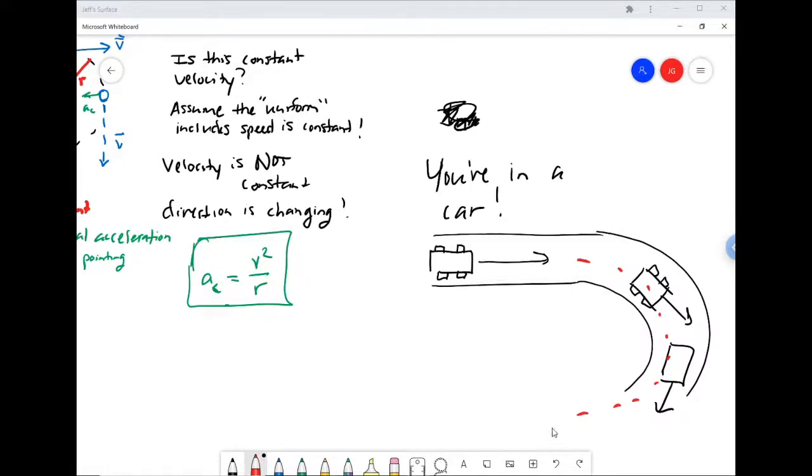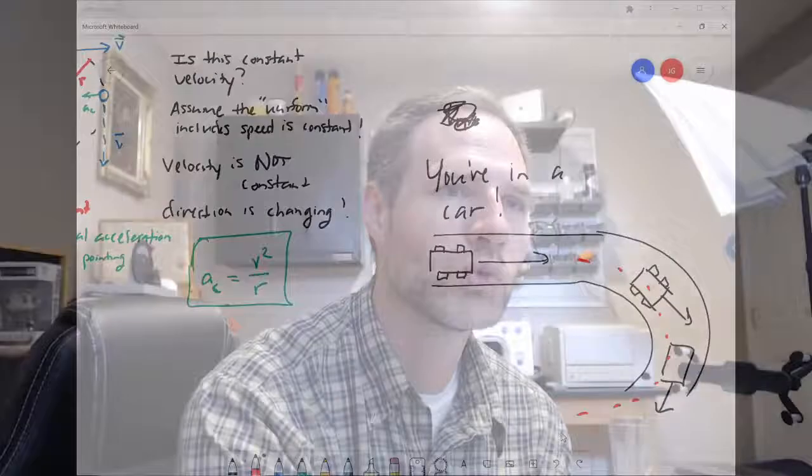While you're thinking about this, let's expand the scenario. What does it feel like to go fast around a turn versus slow? What does it feel like to go around a tight turn versus a gradual turn?